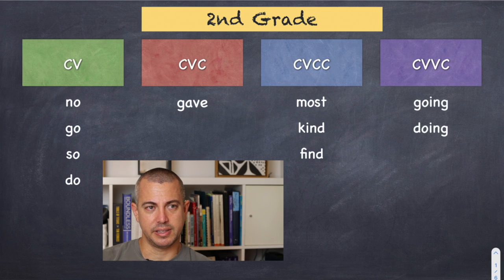So a lot of kids learn ing as an ending to a word, but that's not the only way to use it. So that's ing, there's also ung, ong, ang, and we want to be able to understand that the ng is a digraph and makes the sound ng.